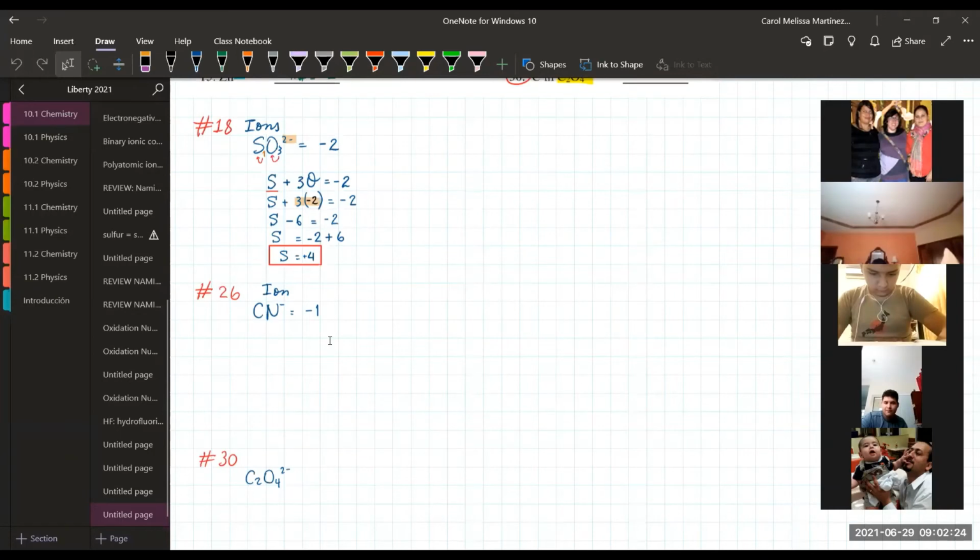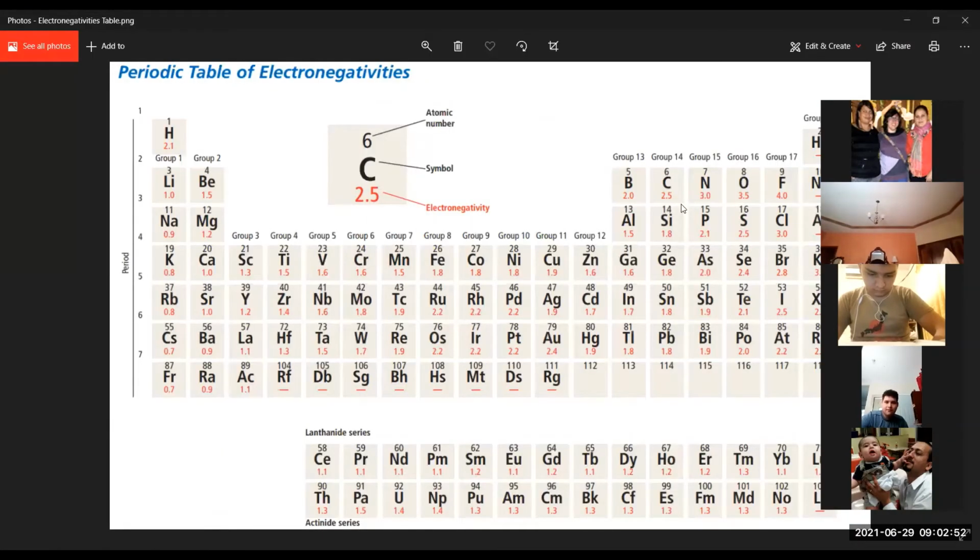Now let's take a look. Remember what we say. Electronegativity for carbon is 2.5 and for nitrogen is 3.0. To confirm, I'm going to check it again. Okay, to confirm. Yes, 2.5 and 3.0.